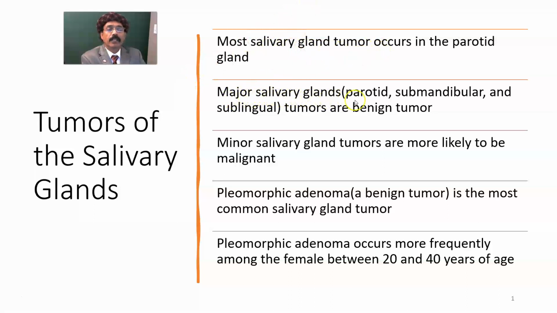Tumors of the major salivary glands, the parotid, submandibular and sublingual, are mostly benign. Minor salivary gland tumors are more likely to be malignant.